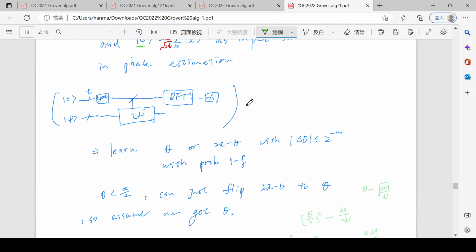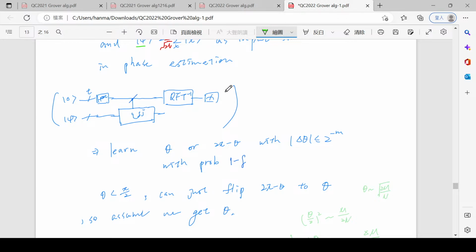And so, as a reminder, this is our phase estimation algorithm. You have a t-bit measurement outcome, and you have m-bit precision where m is smaller than t. And you apply this U to the j, a t-bit controlled unitary.